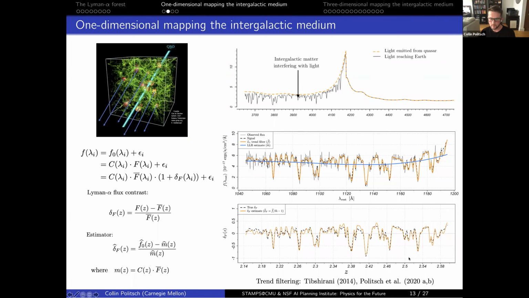In Politsch et al. 2020 A and B, we go into trend filtering in detail and in the context of astronomy. It was the first appearance of trend filtering in astronomy. But the question, of course, as statisticians, is uncertainty quantification. We proposed an estimator here for the one-dimensional Lyman alpha flux contrast. What about the uncertainty in that estimator?